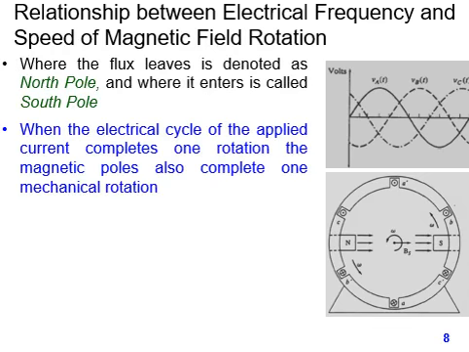Where the flux line leaves is denoted as the north pole, and where it enters is called the south pole. So flux leaves from the north pole and enters in the south pole.